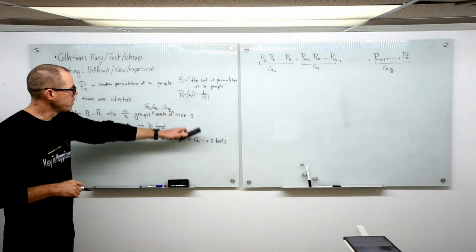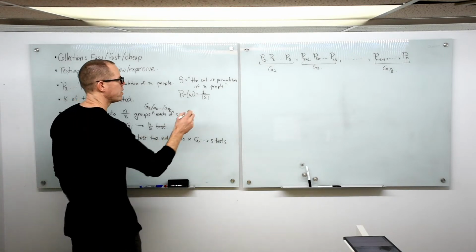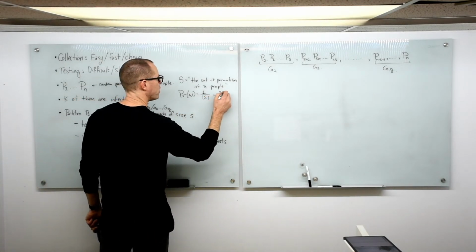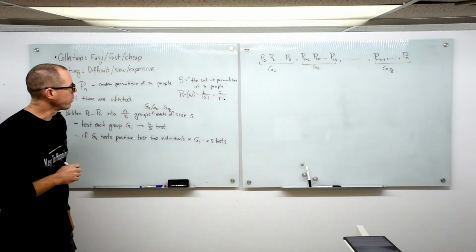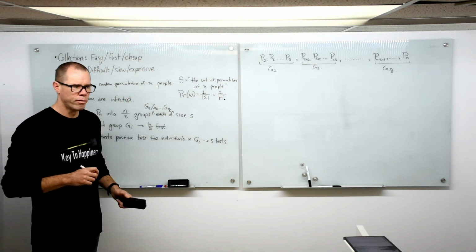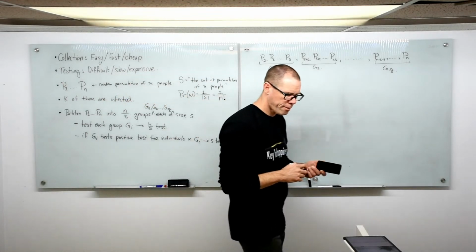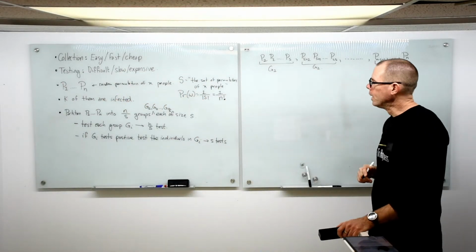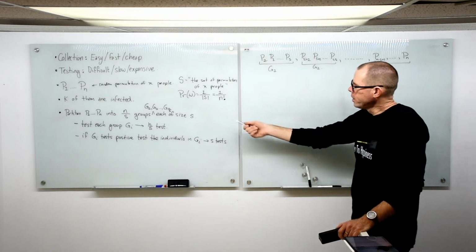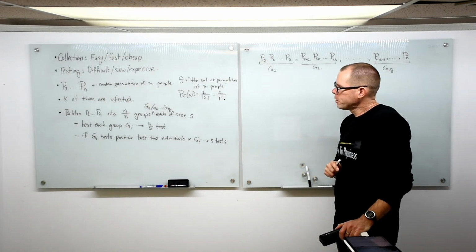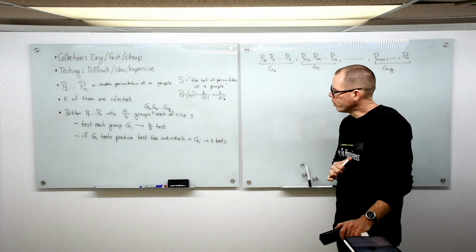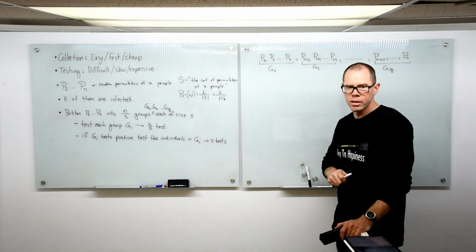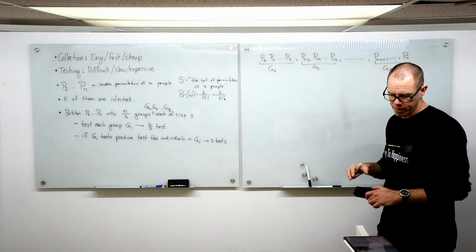Each has probability 1 over the size of S, and the number of permutations is n factorial, so any particular permutation has probability 1 over n factorial. What we'd like to know is, if we do this, what's the expected number of tests that we have to do? And then maybe we can choose the value of S to make that as small as possible.